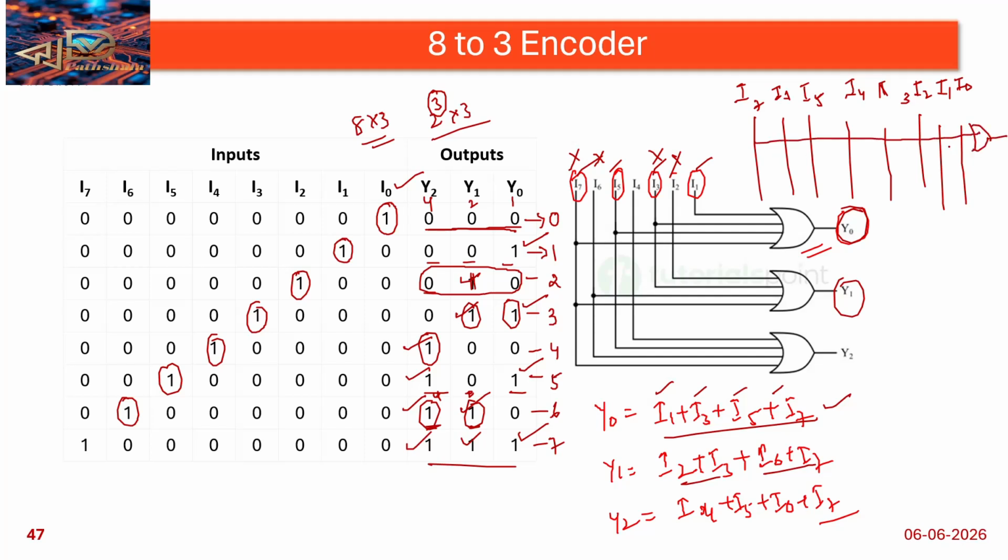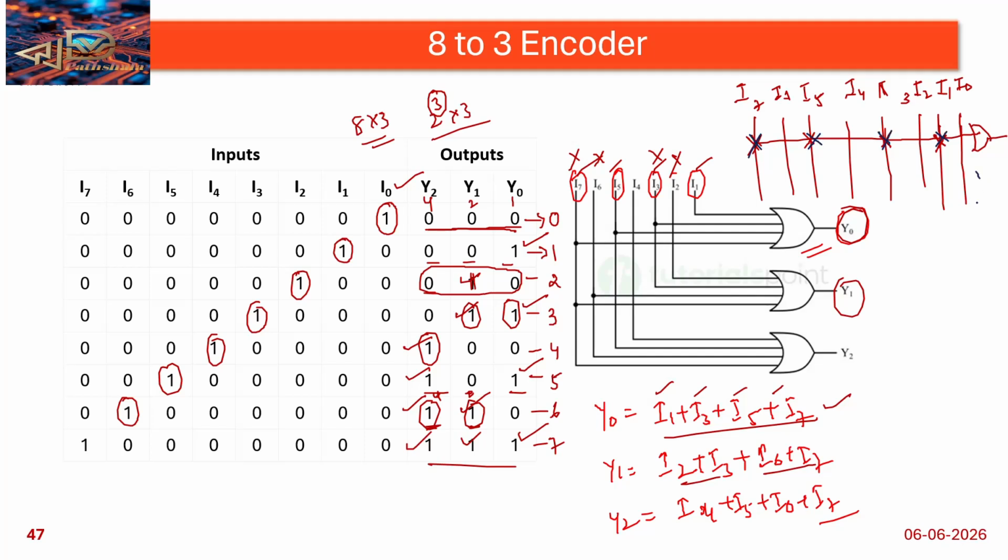Then for I1, I need to select that I1 line and the I3 line, I5 line and I7. We are connecting with a dot mark. That dot mark represents connecting that input port.